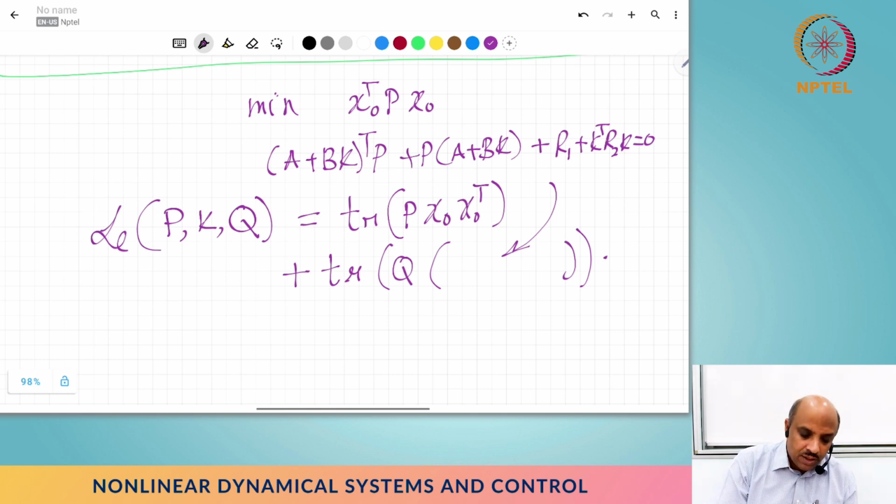Basically, if I take this entire thing with respect to K, what I'll end up with is the following. Basically, so B transpose PQ, one of the equations, when I take the derivative with respect to K and set it to 0, I'm going to get some equation like this, is equal to 0.